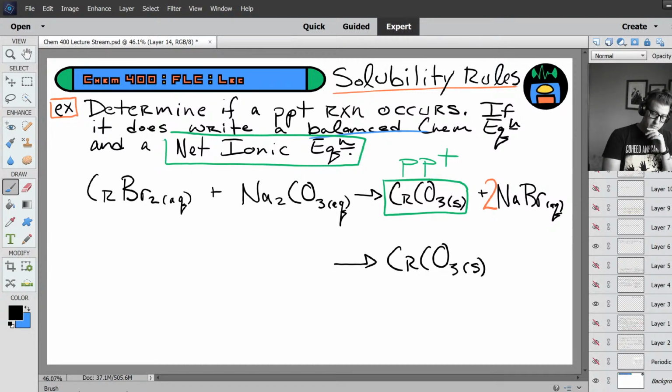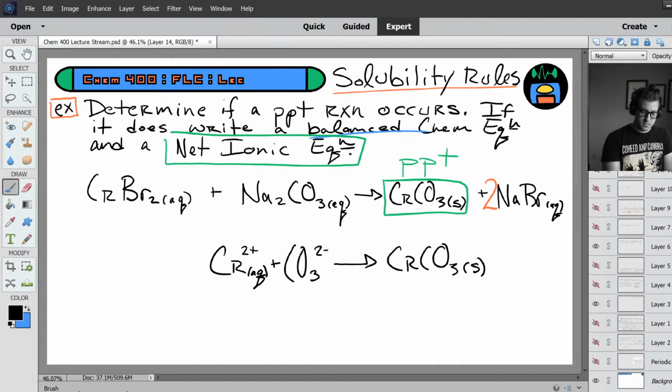It's going to be chromium 2 carbonate. The reactants will be the anion and cation that make up that precipitate in the aqueous phase, separated. So this is simply aqueous chromium 2 cations plus aqueous carbonate anions, and that is your net ionic equation.